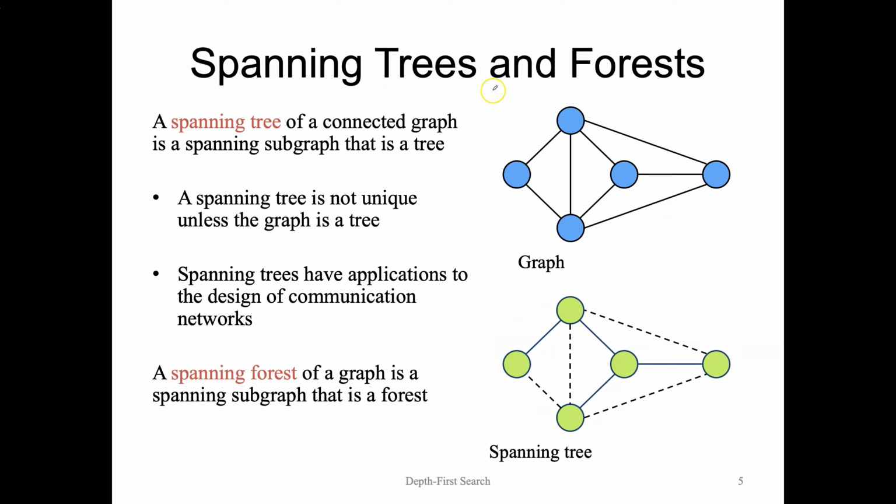Okay, so now a spanning tree or spanning forest. In the case of a spanning tree, this would be a connected graph which is spanning in the sense that it includes every vertex of our original graph, but it's also a tree. That means that we have here in bold all of those edges which we're including and the endpoints.